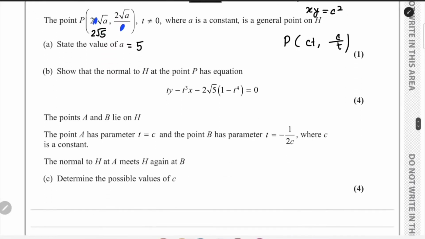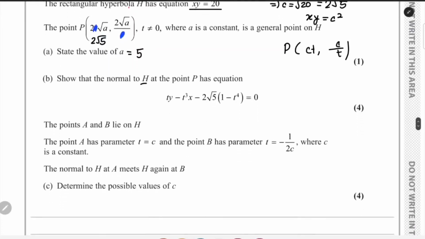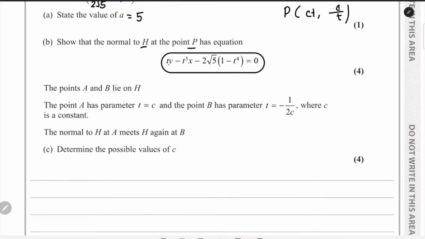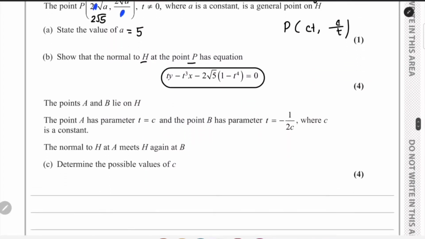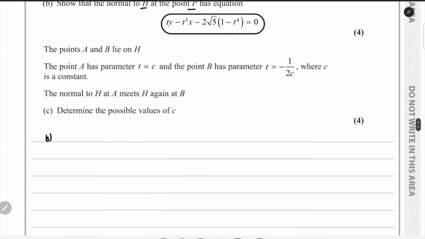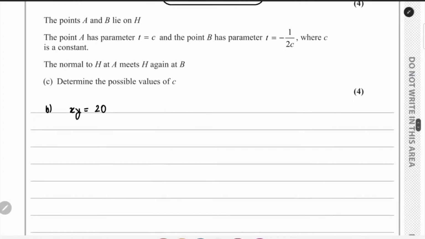Now we have to show that the normal to the hyperbola at point P has this equation over here. For this, we need the gradient. We can get the gradient of the tangent by differentiating this equation. So at first I'll move the x to the right.